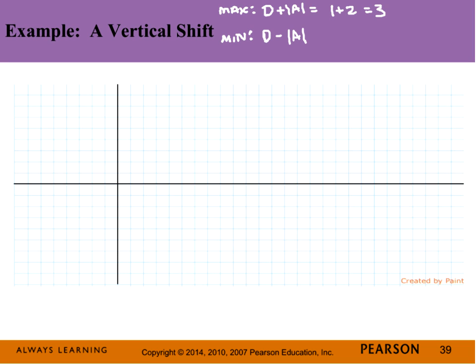And then we have D minus the absolute value of A, which is 1 minus 2, or negative 1. So on my scale, I only need to show negative 1 up to 3.